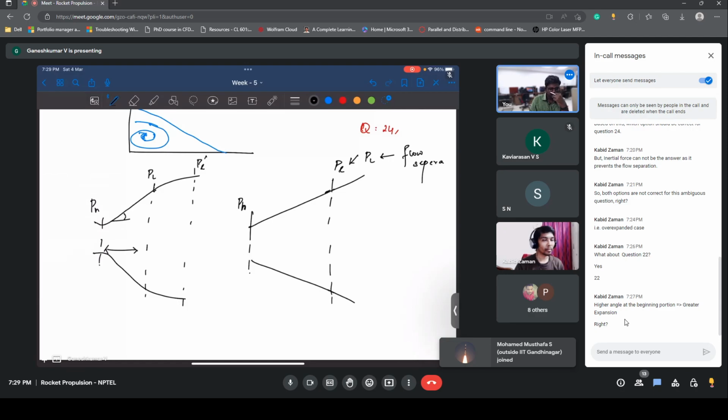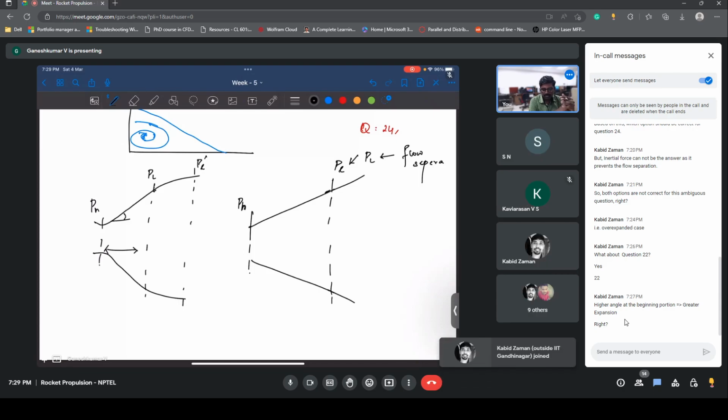Higher angle at the beginning means you have more divergence, you have more area ratio, or let's say area is increasing very fast. Since area is increasing very fast, velocity will rise very fast, so pressure will decrease very fast. So there's going to be higher expansion initially, right?